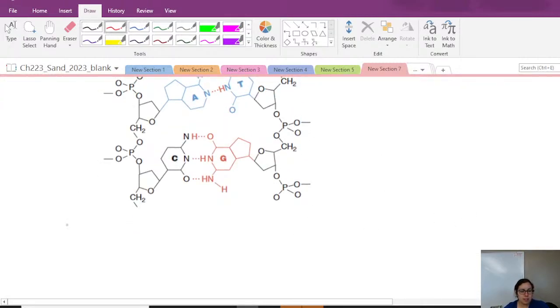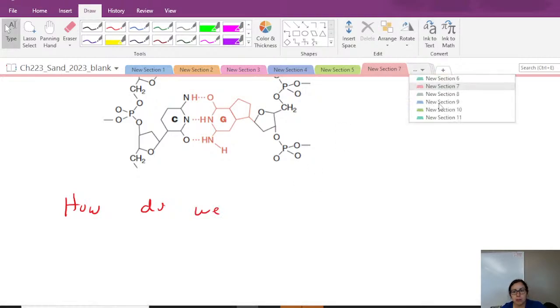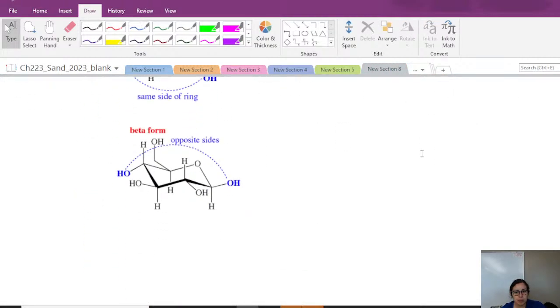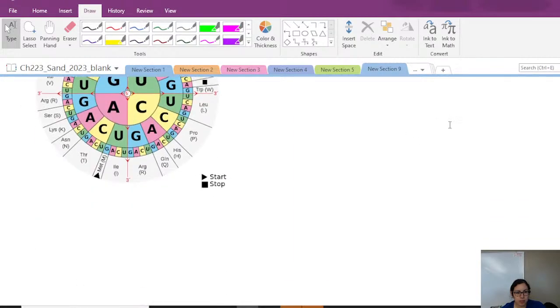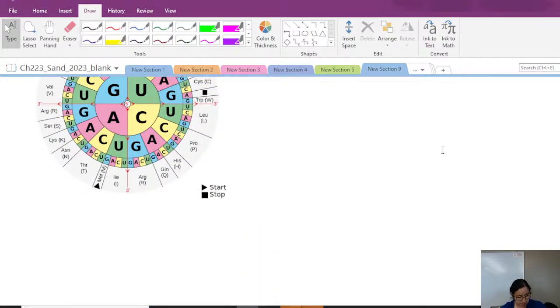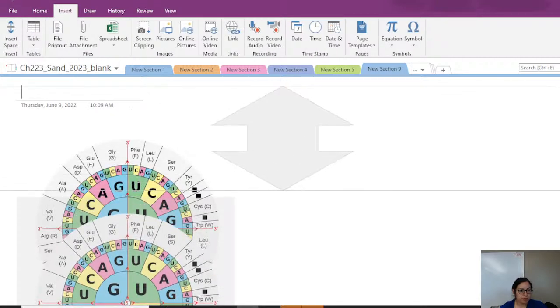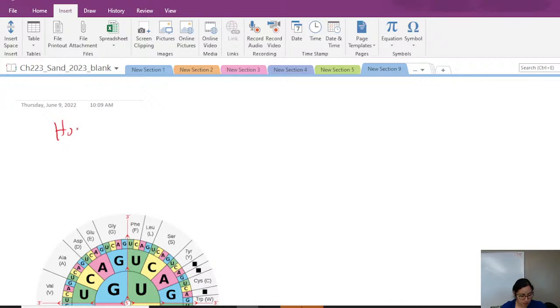And so now, how do we code for different amino acids?